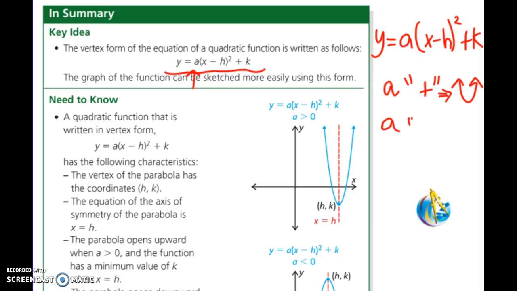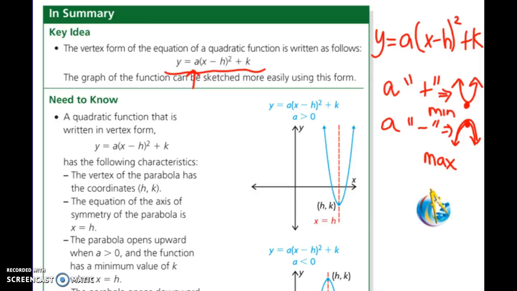If the A is negative, then it's a frowny face opening down. So the A determines which way the function opens, whether it's up or down. So if the function is opening down, you are going to have a maximum value. This means this vertex point will have a maximum, and if it's opening up, you will have a minimum point. That means it's as low as it can go.